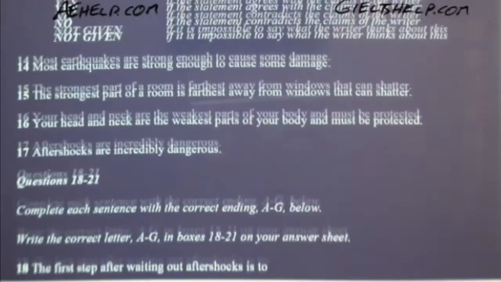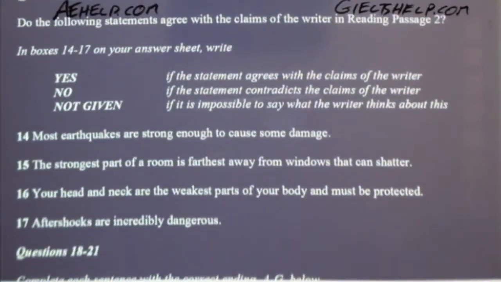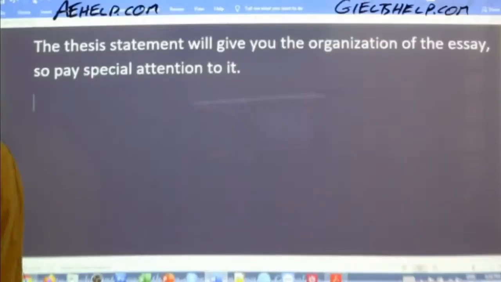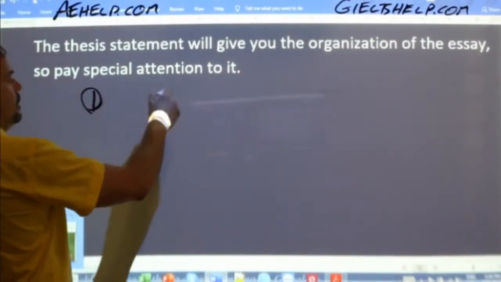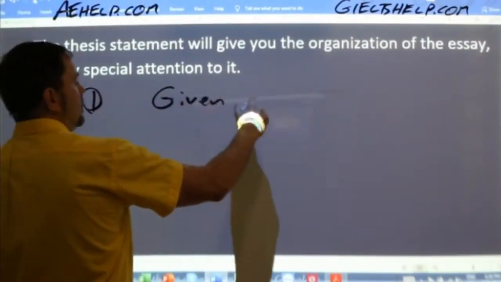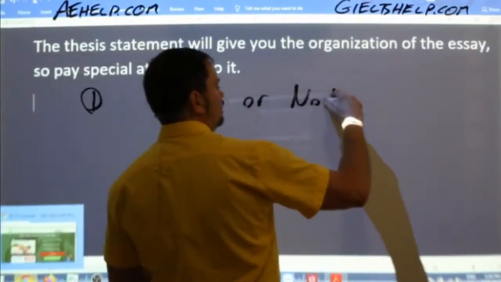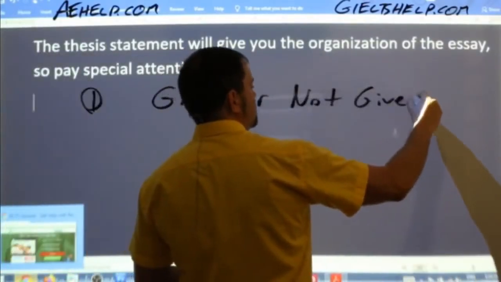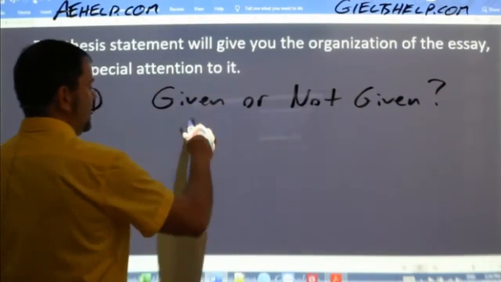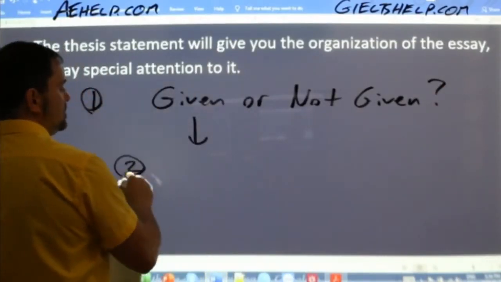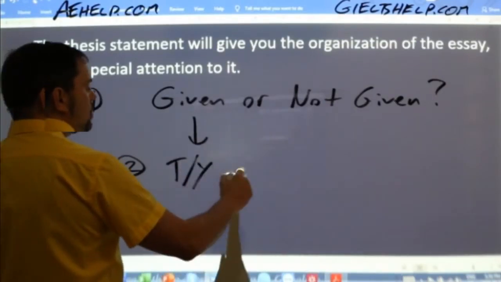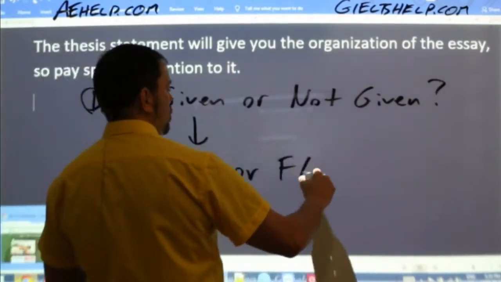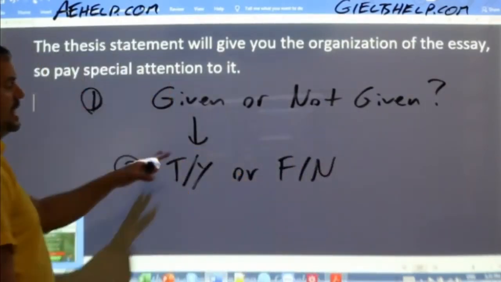So the idea for yes, no, not given questions is, as step number one, figure out if it's given or not given. Okay, that's your first step. If it's given, then your second step is to figure out whether it's true or yes, or false or no. Okay, so that's what you have to figure out.